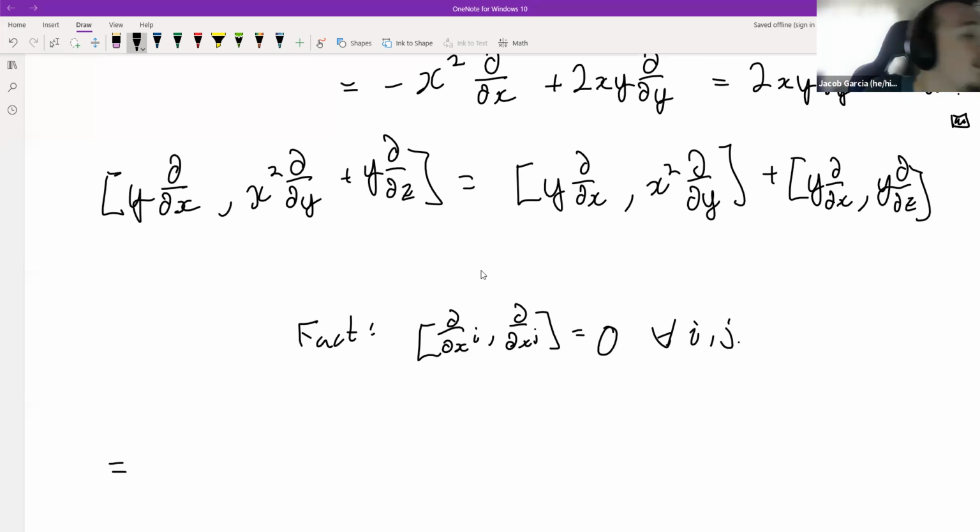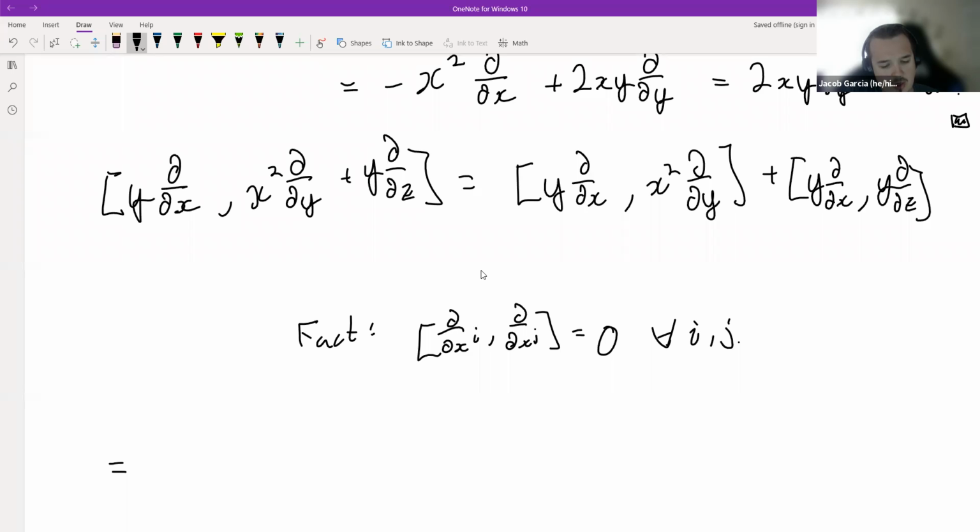So, how do you pull functions out of Lie brackets? No, not that way. Where's the other form? Properties of Lie brackets.